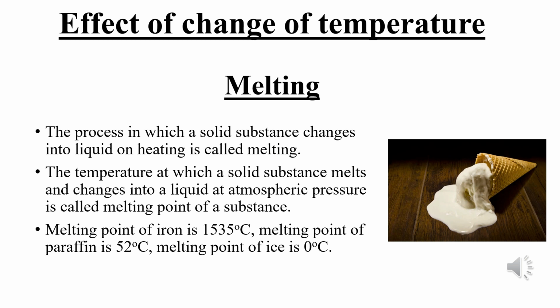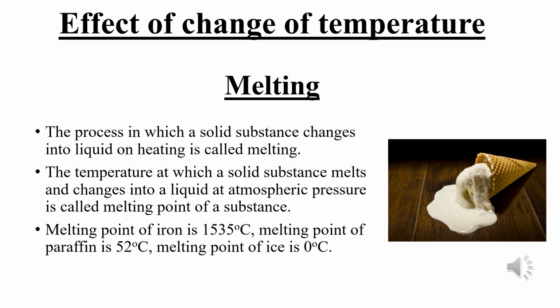That means melting is a process in which we are supposed to provide heat to the solid substance. This melting process is also known as fusion. So when ice changes into water on heating, it is called melting of ice. It is also known as fusion of ice.